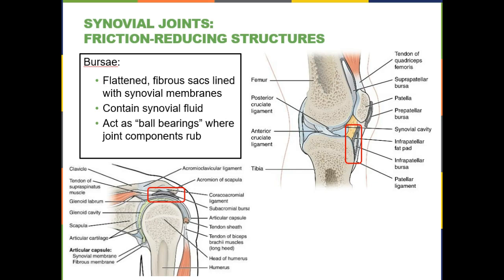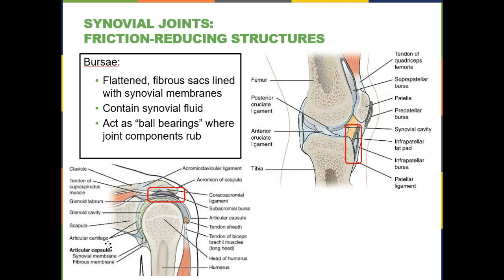In addition, some of your joints have bursa and tendon sheaths. We first start with bursa, and these are a little bit hard to see because we don't have the greatest images in the world, but it is basically a sac, like a little ball bearing, filled with synovial fluid.